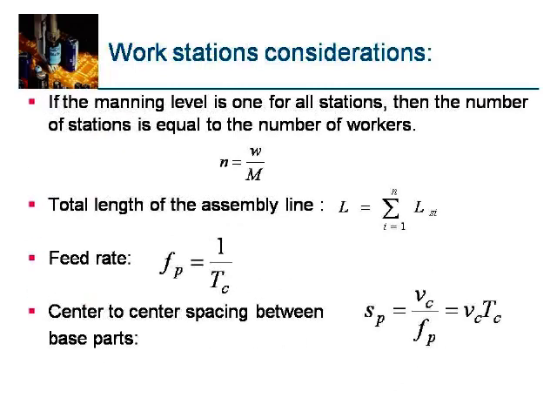If the manning level is 1 for all stations, then the number of stations is equal to the number of workers: N is equal to W by M. And the total length of the manual line L is equal to the sum from i equals 1 to N of LSI.